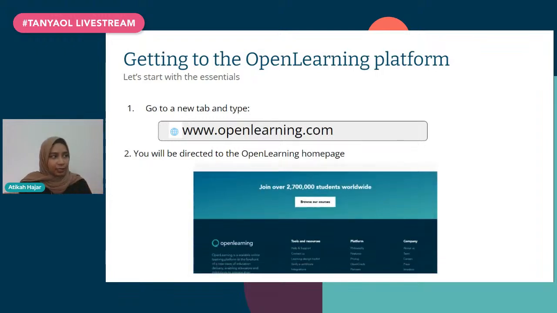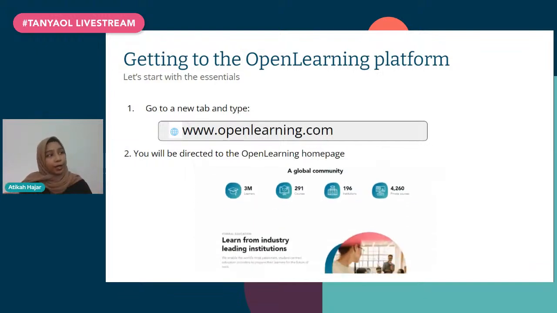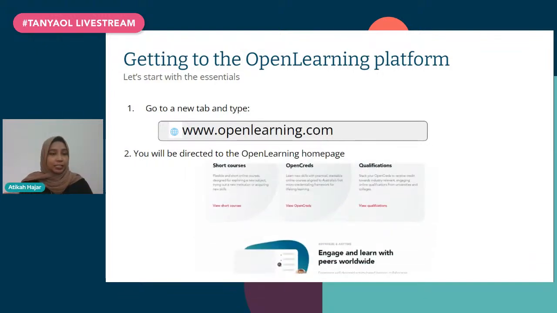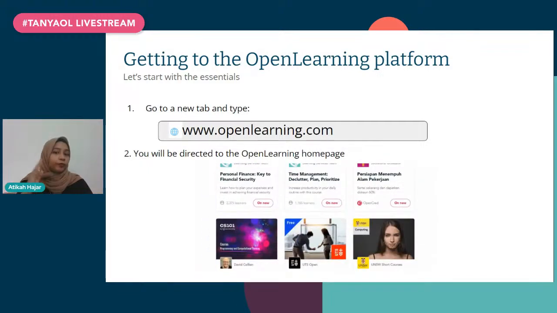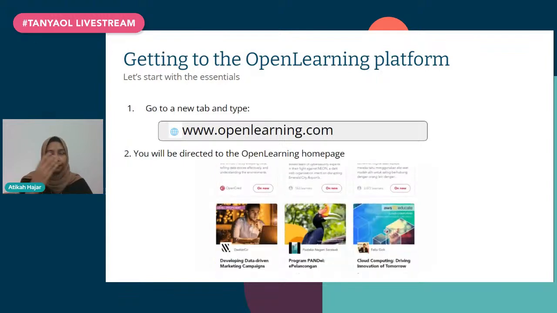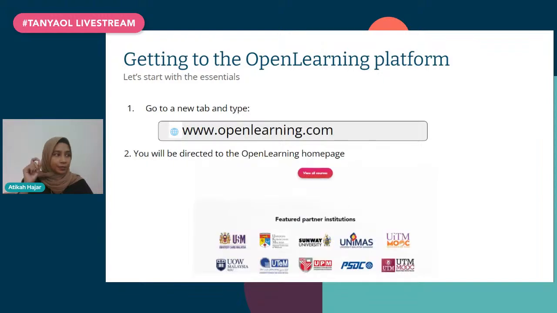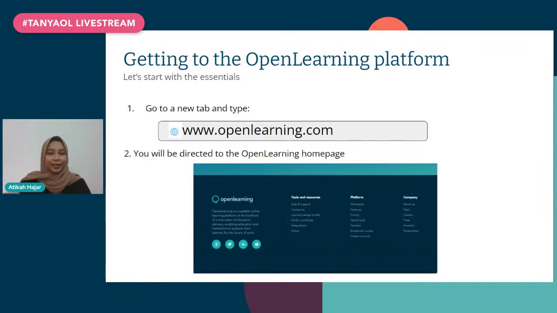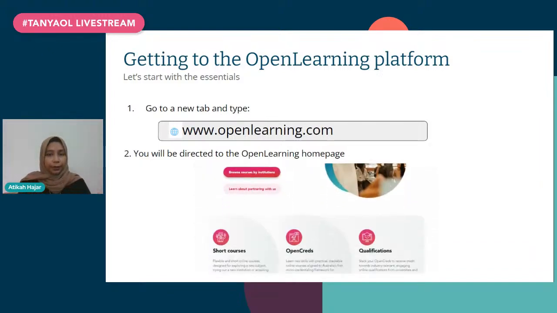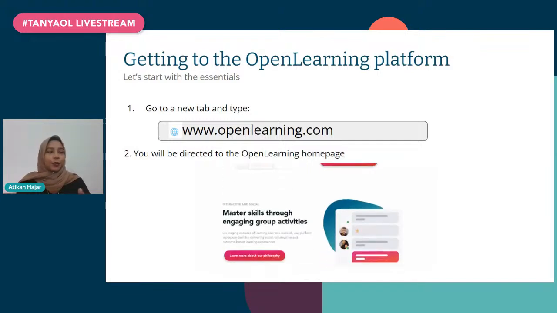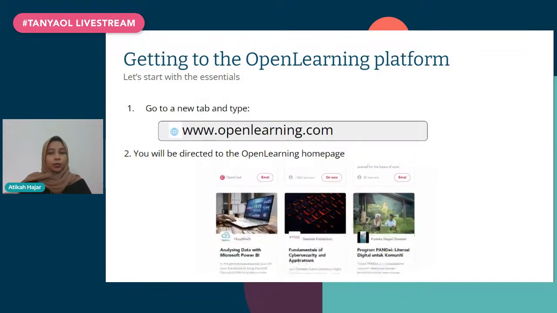What it means to be on the marketplace is that your courses are verified by the OpenLearning team. These courses have been looked through, vetted, and have fulfilled our checklist, so all of the courses featured are OpenLearning approved. All of the courses on the marketplace are public, so you can join.